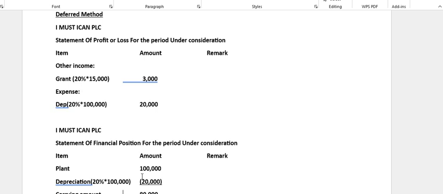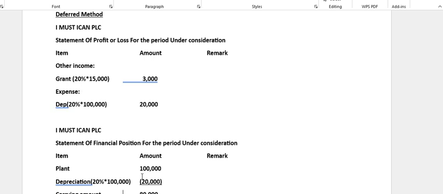Why? Because we have already removed the whole grant from the total cost. We are now carrying the remaining cost after the grant has been deducted in our statement of financial position. Do you understand it now?